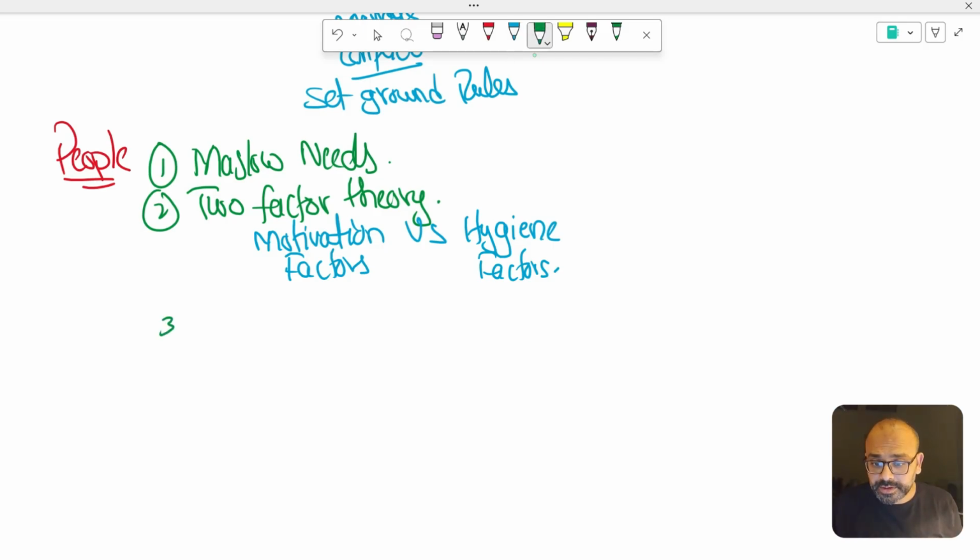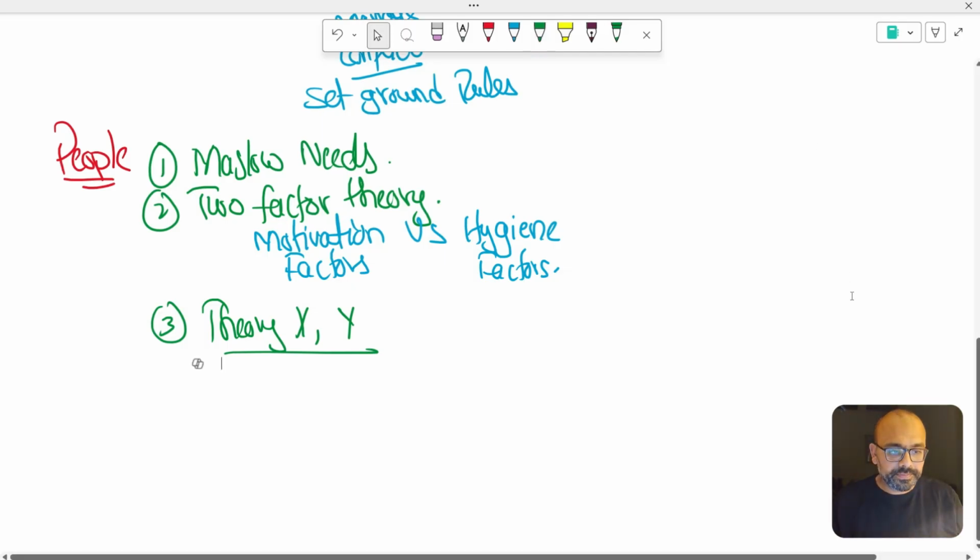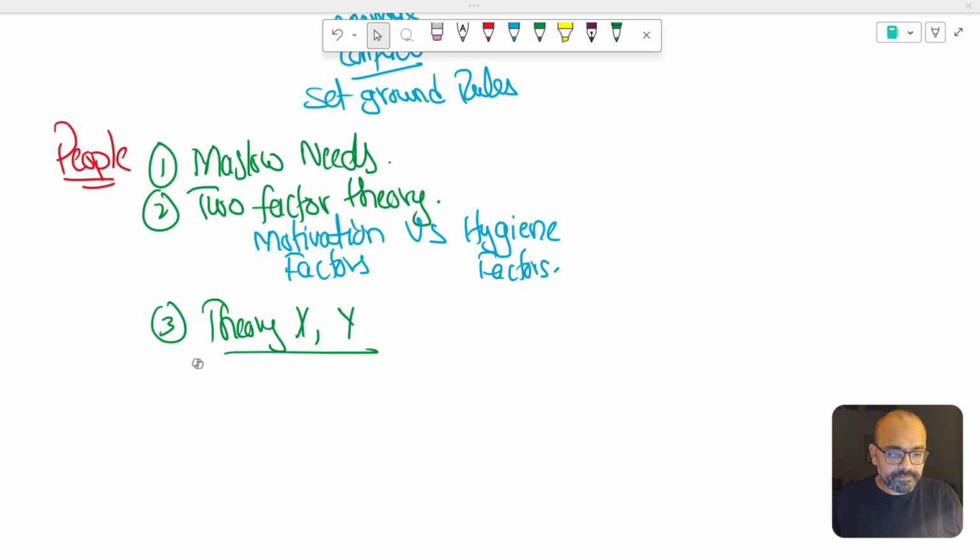Then the third one is theory X and theory Y. It is a theory developed by McGregor. What does it mean?